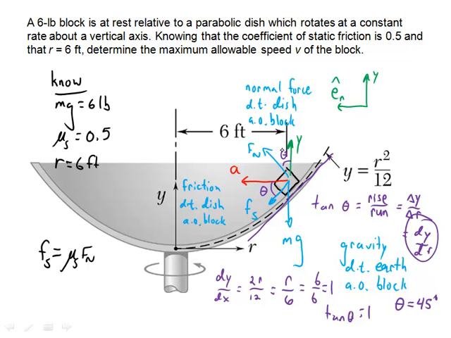Now you'll notice that the normal force has a component in the normal direction, and the frictional force has a component in the normal direction. The normal force is going to be F normal times the sine of theta. It's opposite the angle theta. The frictional force is going to be Fs times the cosine of theta because it's adjacent to theta.